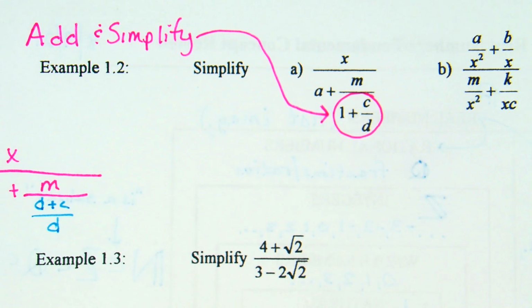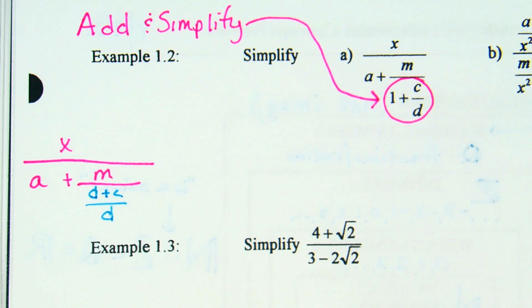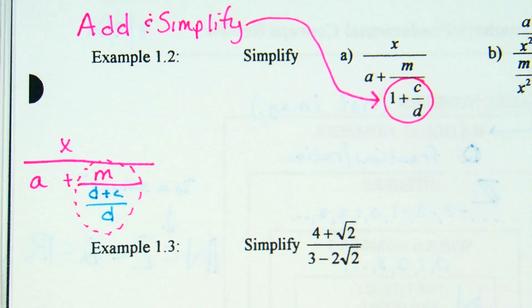I guess you couldn't see, it wasn't that much I'd cut off. So the part I'm working on right now is this part right here. We added, and now we've got to simplify that part. So we need to do M divided by D plus C over D.